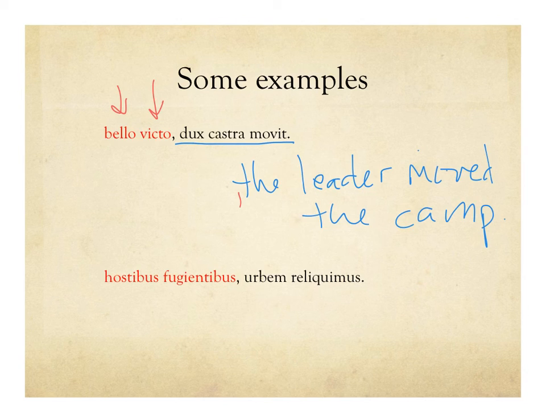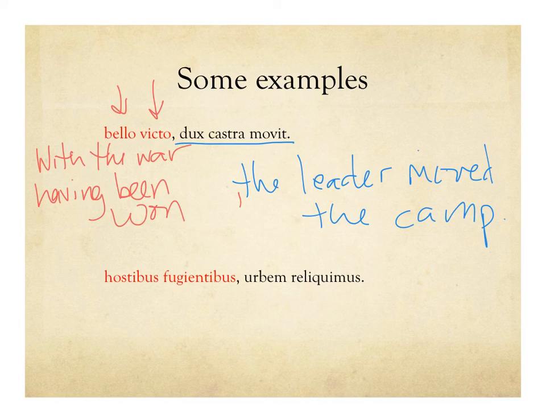So we could say something like, with the war having been won, the leader moved the camp. So you can see war is not a part of the main sentence. Conquering is not a part of the main sentence. That's one separate idea. It's absolute, and it's in the ablative. And we say with the war having been won, and that's perfectly okay.